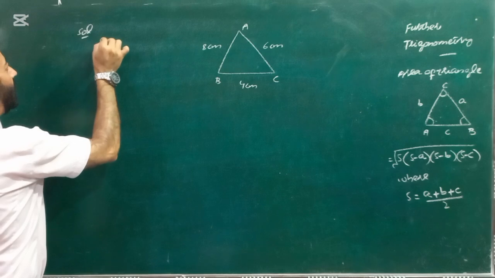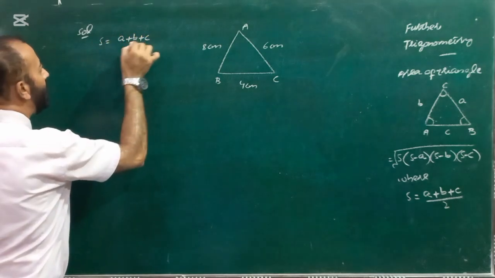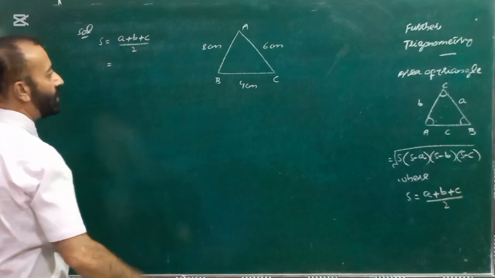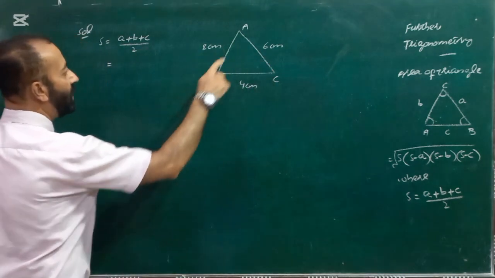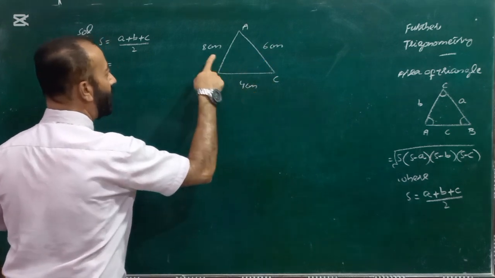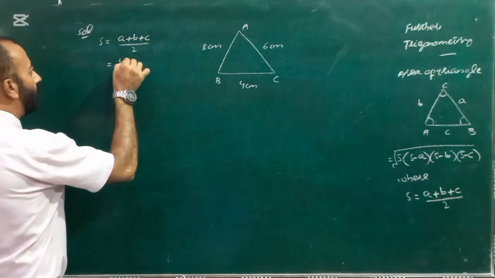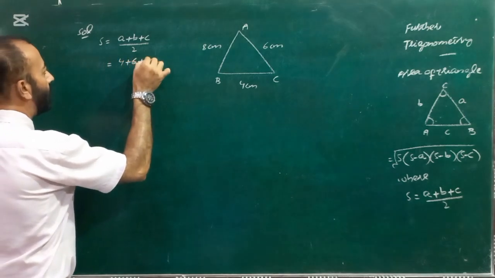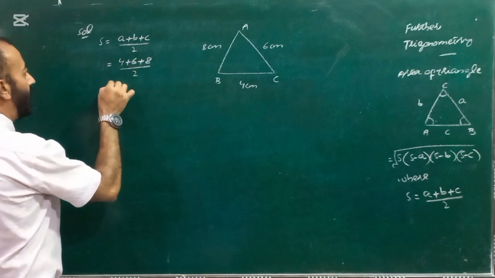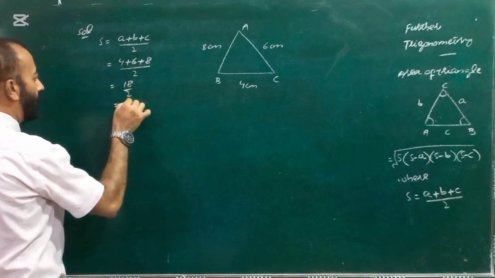First we will find the S, that will be equal to A plus B plus C whole divided by 2. Now we will put values into it. So 4 plus 6 plus 8, because this is small a, this is small b, and this is small c. So 4 plus 6 plus 8 divided by 2. So this will be 18 divided by 2, that is 9.